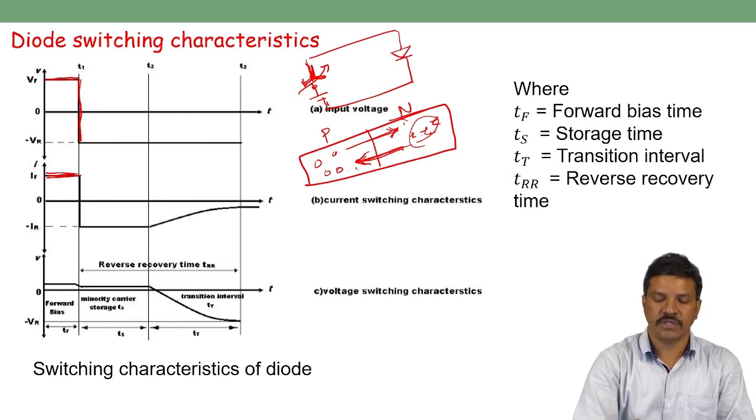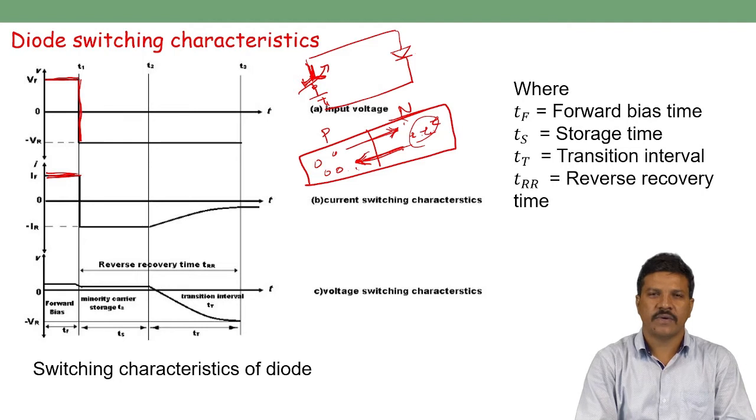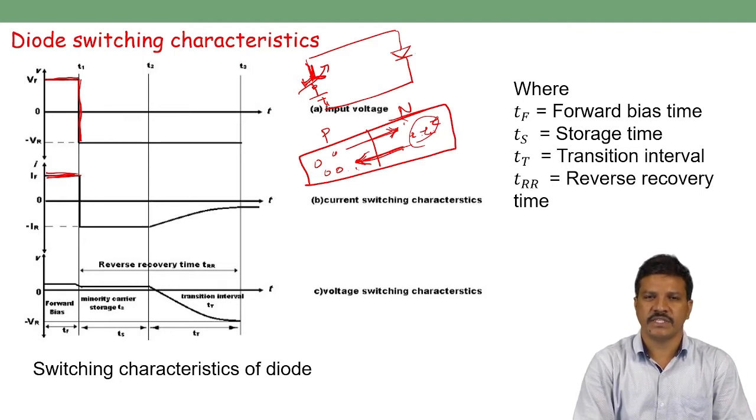When I open this switch, the diode does not respond immediately as a reverse bias PN junction diode.